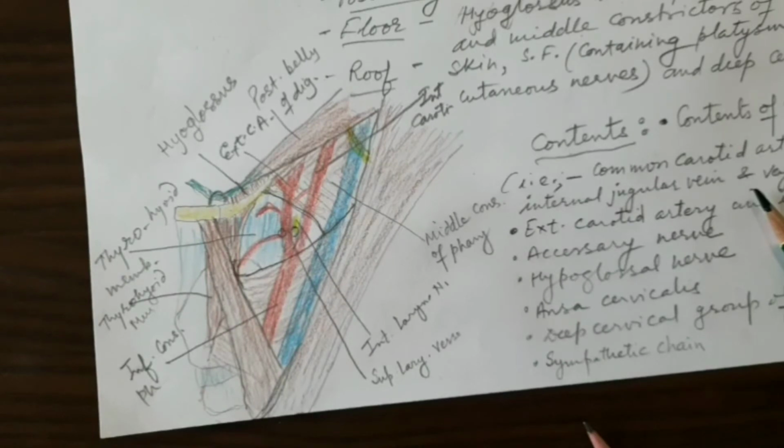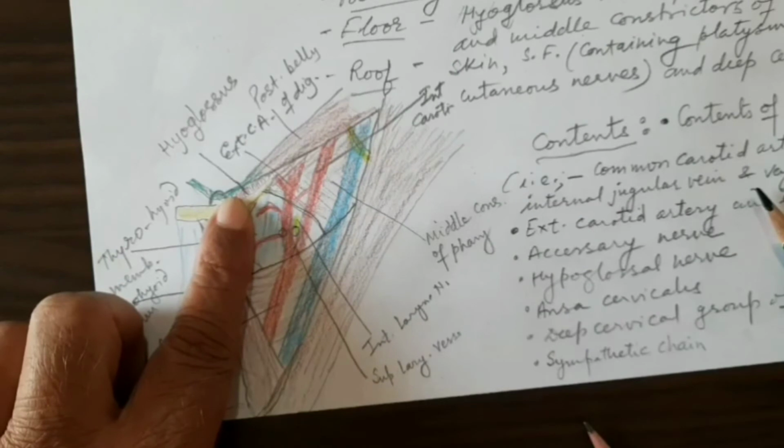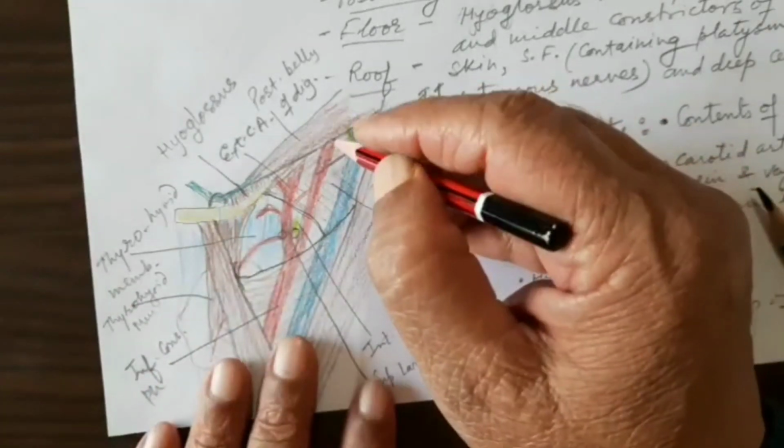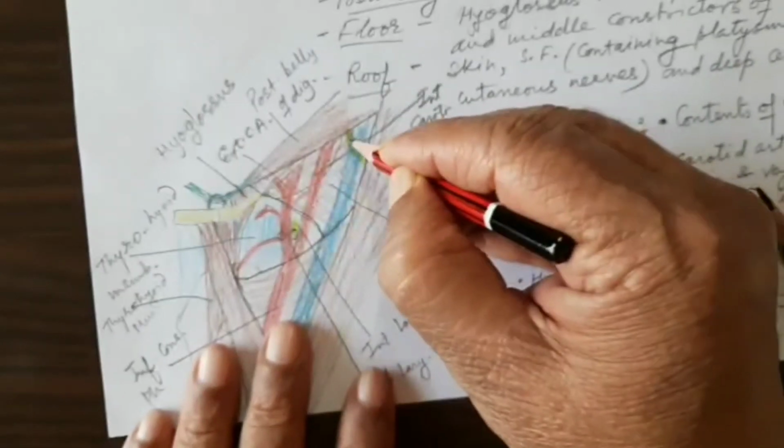Then another important nerve is here, which will come out and go towards the hyoglossus muscle, where this hyoglossus muscle is present. It will come out from the upper part, and let me again draw with the black pencil, otherwise it will not be seen. And this nerve will just curve like this.